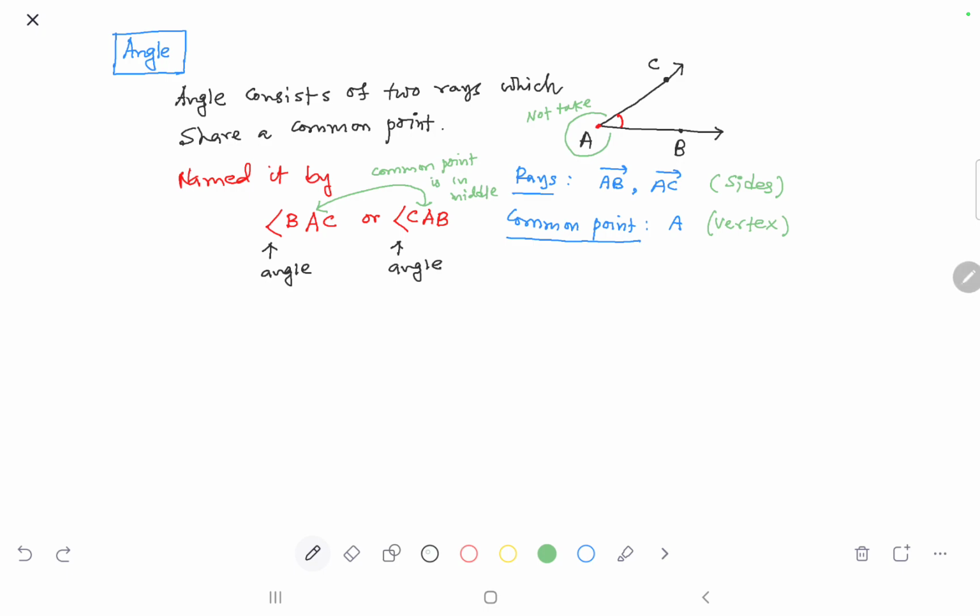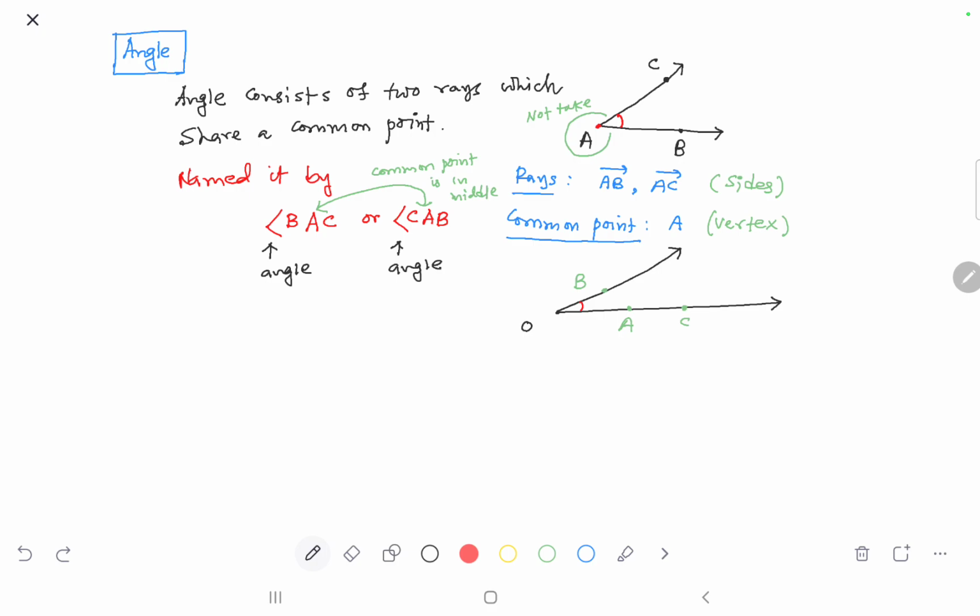Should I ask a question? Let's say you have the angle, let's say O here, and here you have this, and here you have another ray. Let me put the point A here, B here, and C here. Can you give me two different names of this angle?